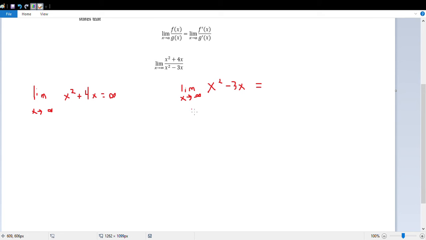So let's do a little bit of algebra here. I factored out an x squared, and now we'll evaluate, and I get infinity times 1 minus 0, some number going to 0. So we're going to just say that's infinity.